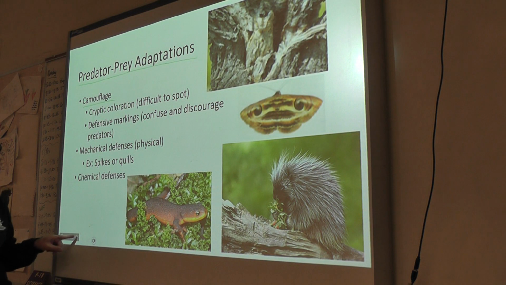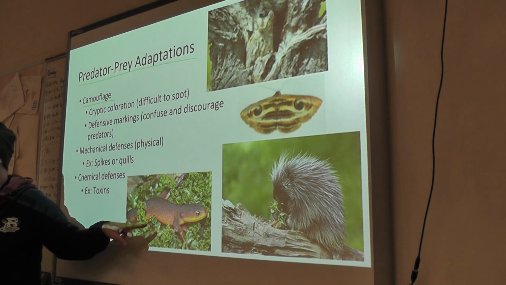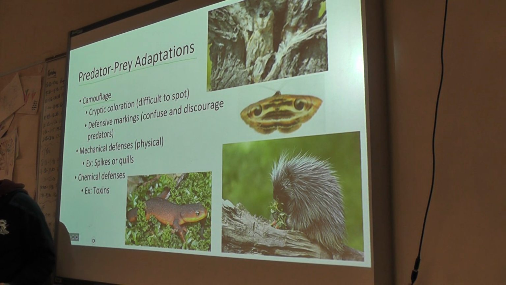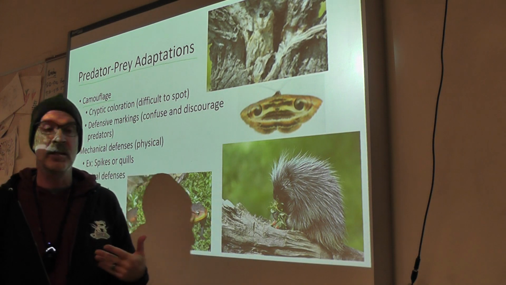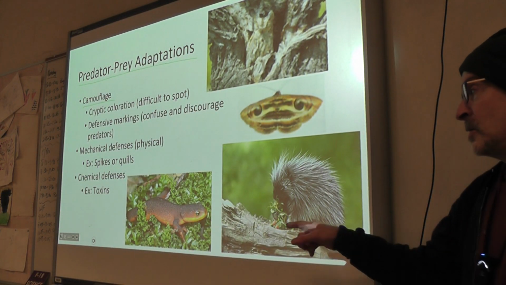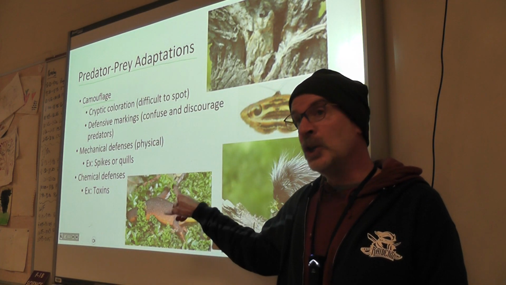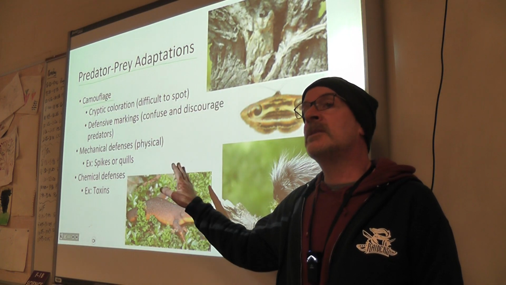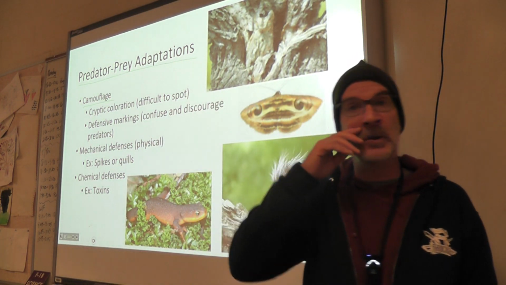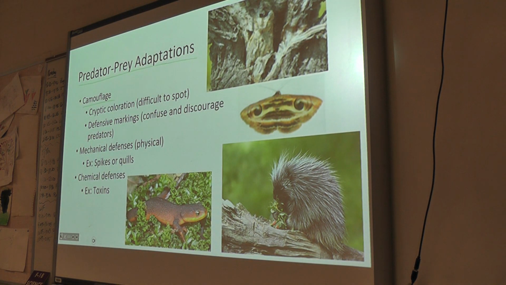And then there's chemical defenses, and those are really cool, and many of you are familiar with newts. Newts are super common in the Pacific Northwest. They're also incredibly toxic. They secrete a toxin that can kill you. Now, it's not likely to kill you if you just encounter it, but if you ingest the toxin, it can be really, really dangerous.